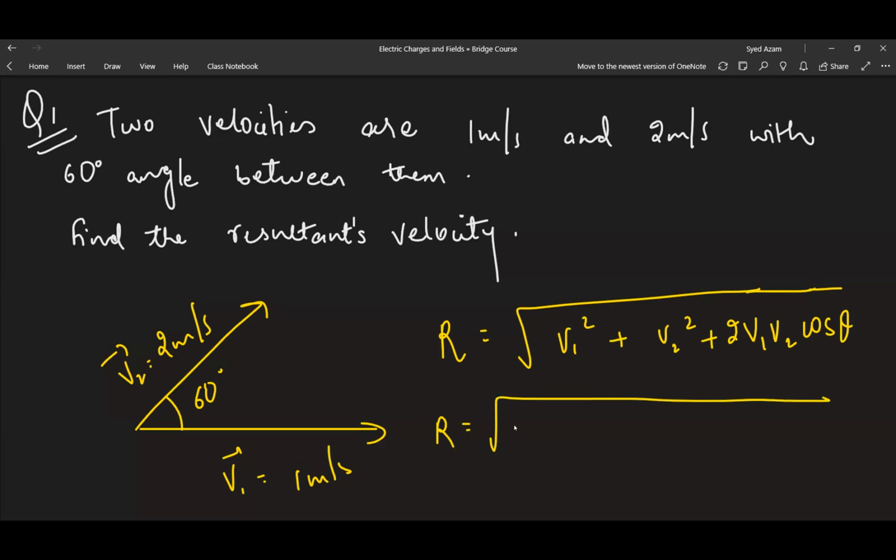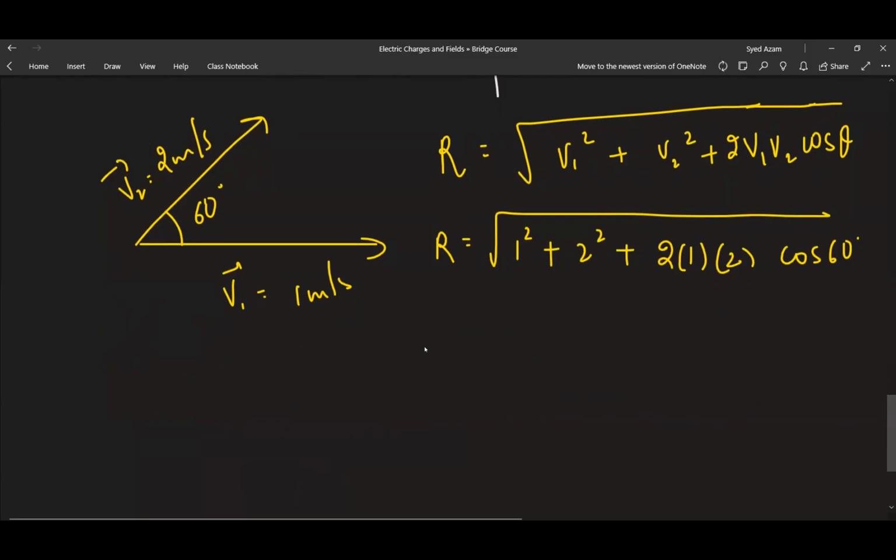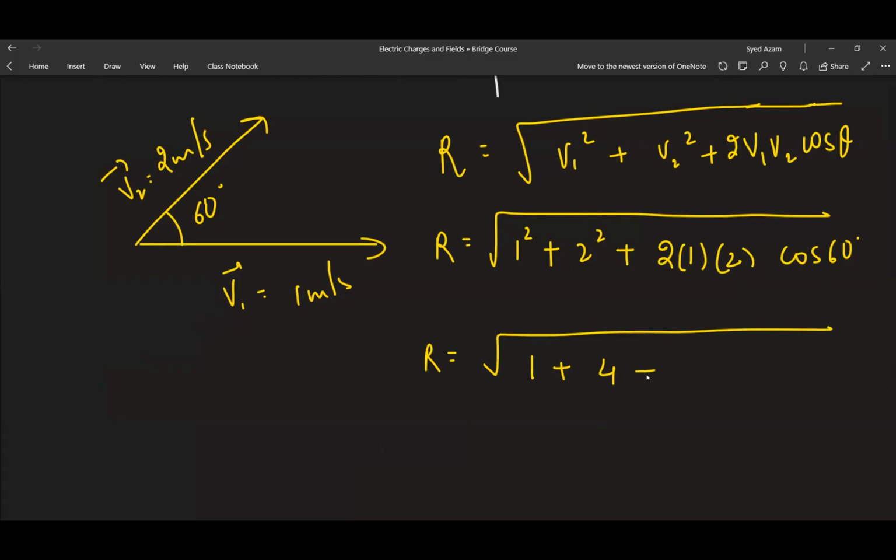Look, this is 1, so 1 square. This is 2 square. Plus 2 into 1 into 2 into cos 60 degree. What's cos 60 degree, Abyaz? 1/2. Yes, 1 by 2. So let's see. 1 square will be 1. 2 square will be 4.